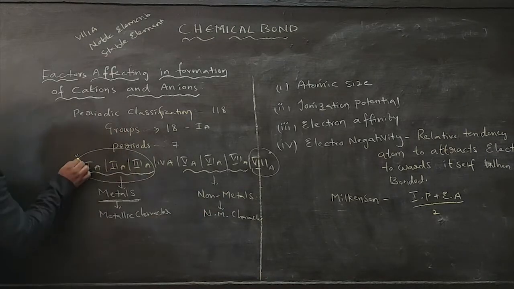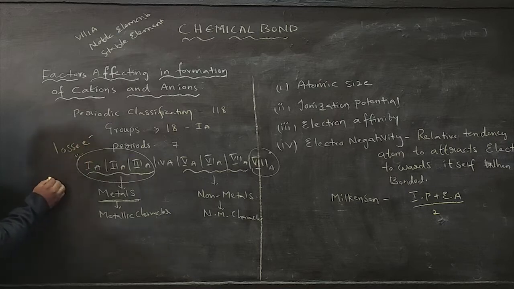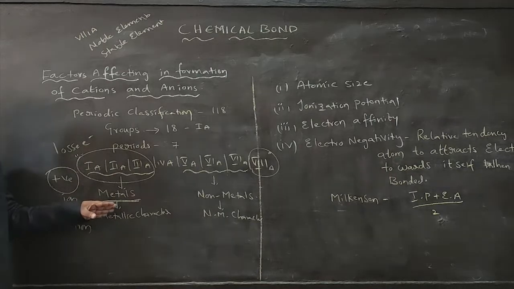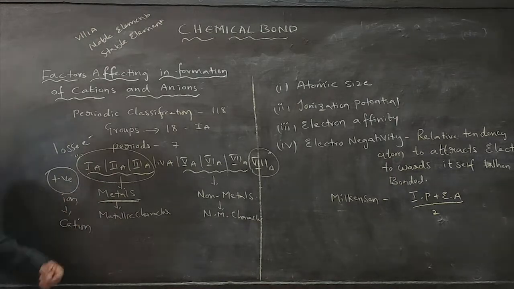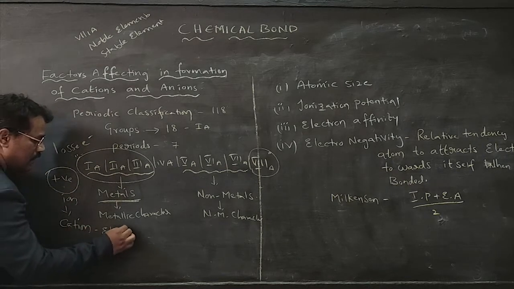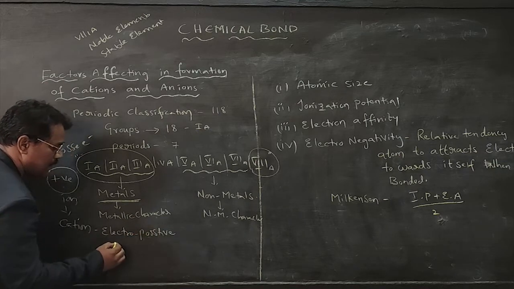As these elements have a tendency to lose electrons, they form a positive ion. That positive ion is called a cation. As they have extra electrons in the valence shell and lose electrons, positive ions form, therefore these elements are called electropositive elements.